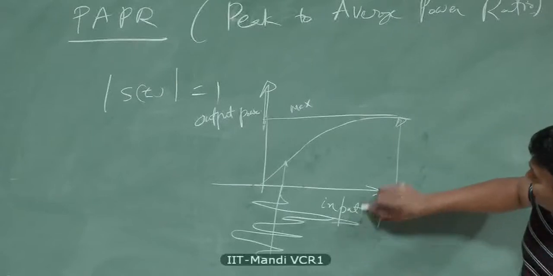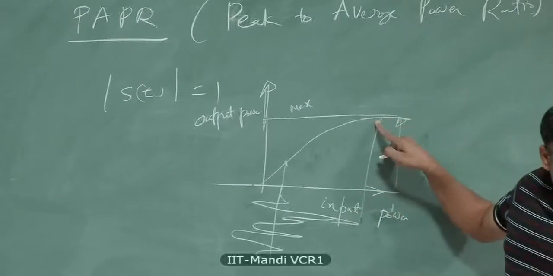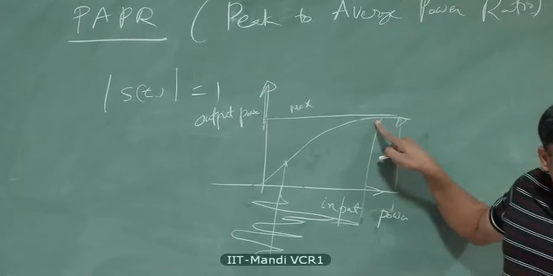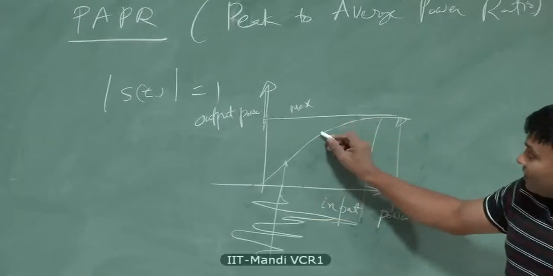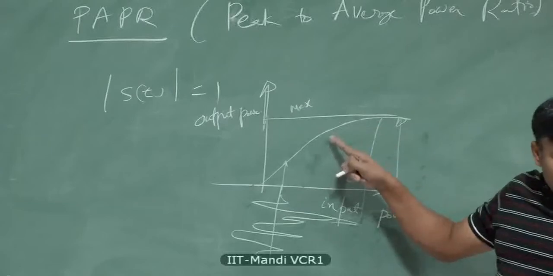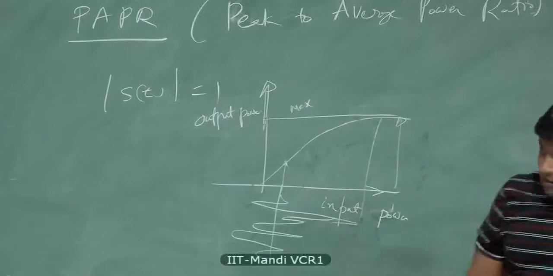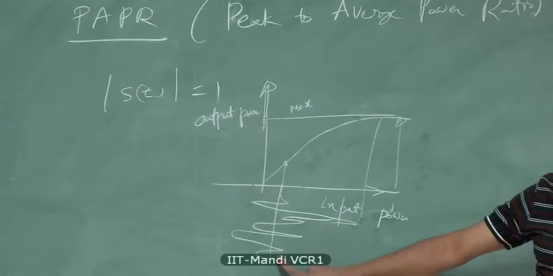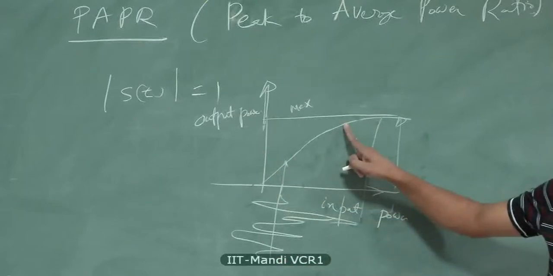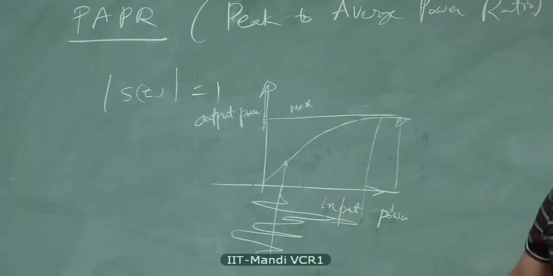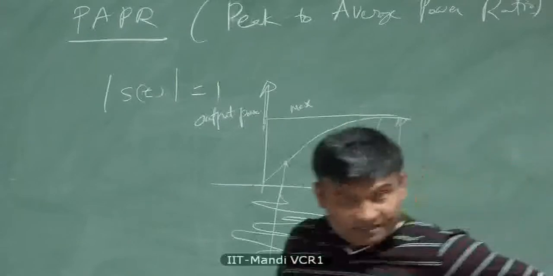When it goes here, this swing gets clipped. It has large swings, some of them will get clipped. These swings will not be faithfully reproduced because there is a nonlinearity. So the output will be a distorted version of input because this is not a linear characteristic.